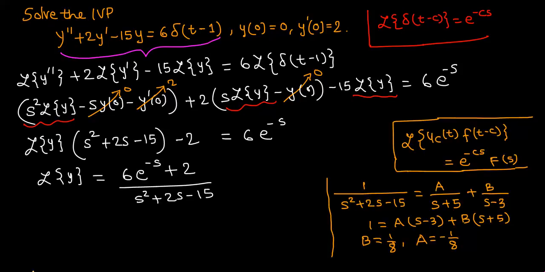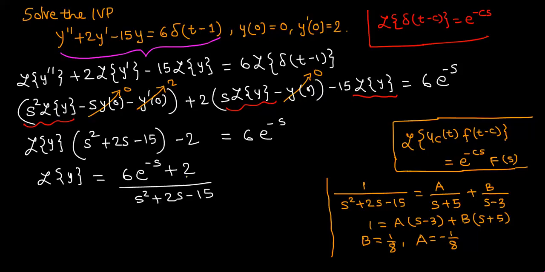Now to find the inverse Laplace transform of the right-hand side, we have two terms on the top and one polynomial on the bottom. We are supposed to separate into two, but this is just a product of two factors.